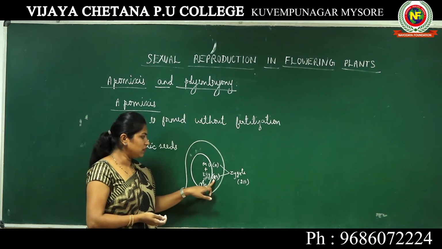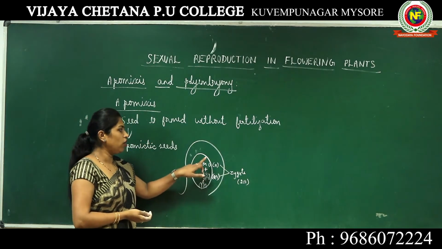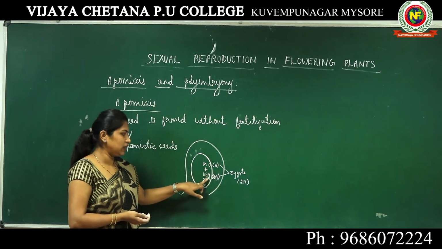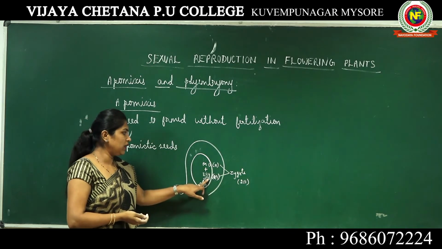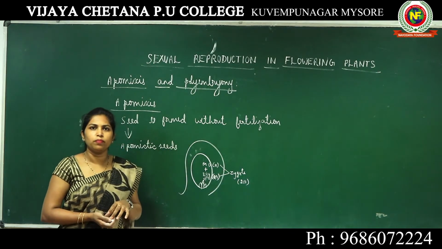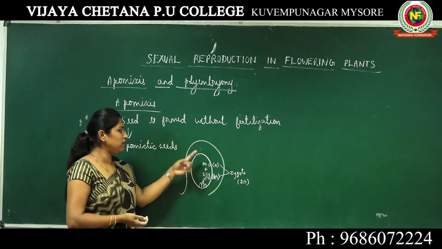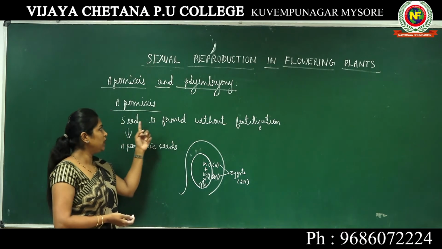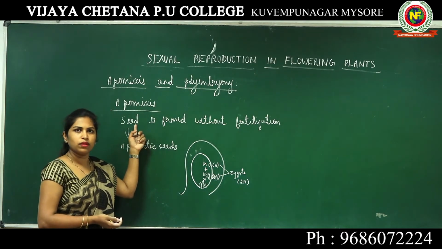Now what happens is, the egg will not wait for the male gamete to come and fertilize it. The female gamete directly develops into an embryo. As the female gamete develops into an embryo, immediately the surrounding ovule develops into a seed.